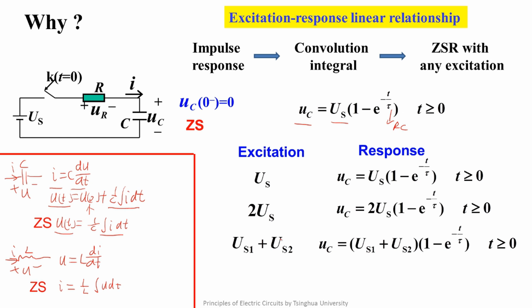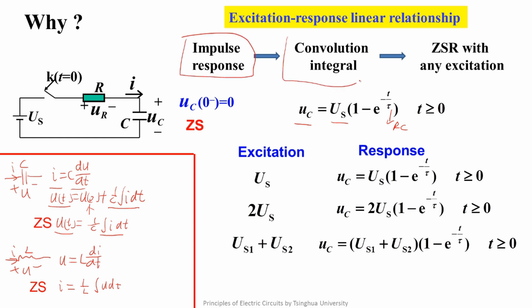Don't forget that sometimes the excitation has an explicit expression, so in this condition we can use the form of a special solution and substitute it into the equation to solve the undetermined coefficients. But sometimes the excitation is just a time domain waveform. Convolution integral is very important in this condition. In this condition, convolution integral is the only solution method.